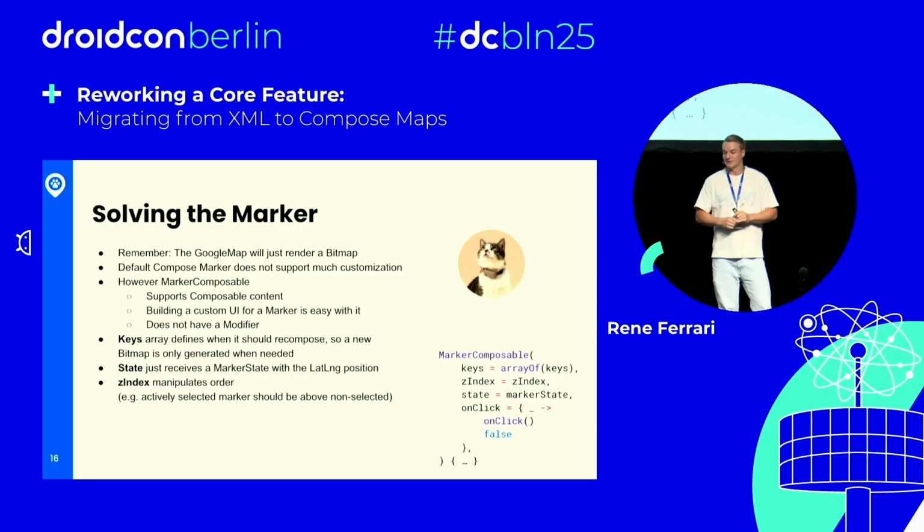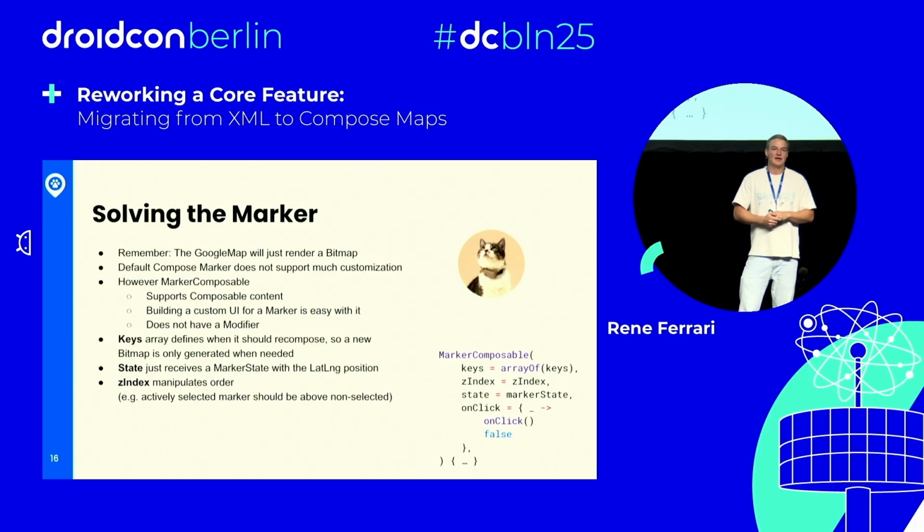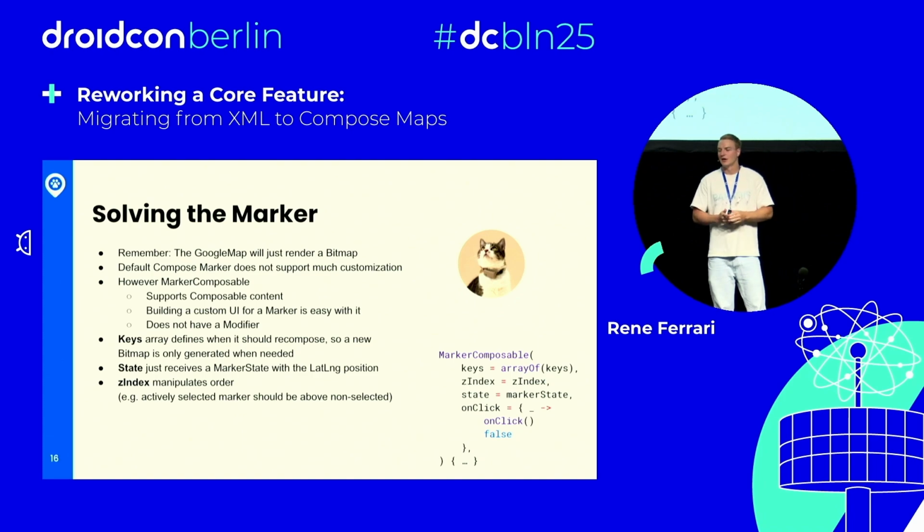So this way, I was able to build the marker as shown in the design system. And the way it recomposes is by providing those keys. You can provide an array of keys, you can freely define them however you like, and whenever one of those keys changes, it's similar to LaunchedEffect or whatever, it would recompose, like re-trigger an update.